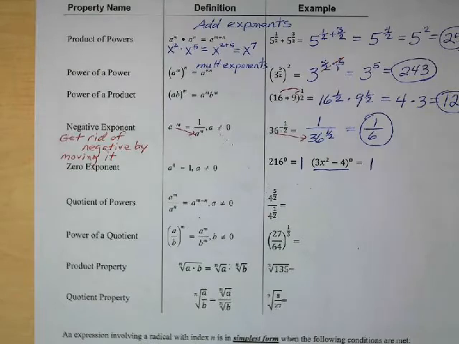Look at the little rule with the letters, the A's and the M's and the N's. Look what they do on this one. They're going to subtract M minus N. Whatever these power things are, you subtract them. When it's a fraction, you subtract the exponents.